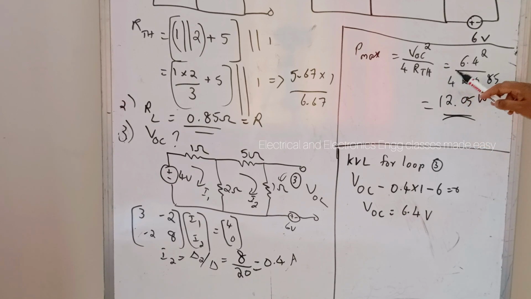So this is the maximum power delivered to the load when the source resistance is equal to the load resistance. So in this way we are applying the maximum power transfer theorem.